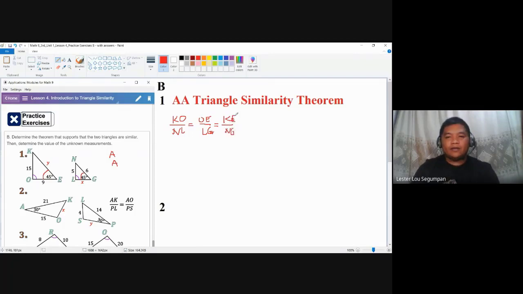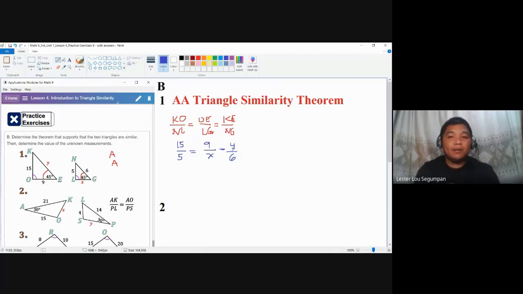Pardon for my handwriting. And substitute the values. KO is 15, NL is 5, OE is 9, LG is x, KE is y, and you have here 6.